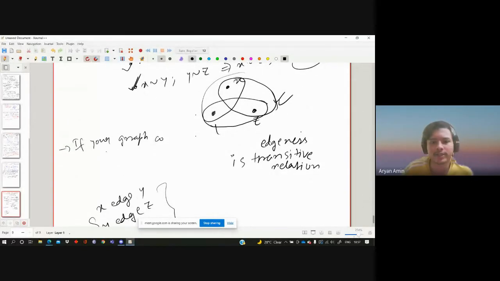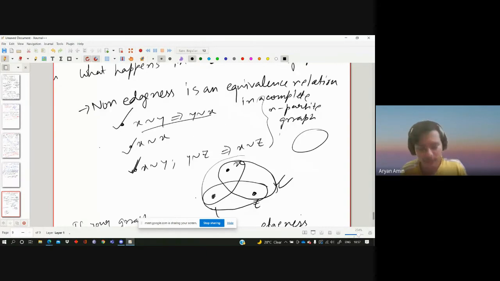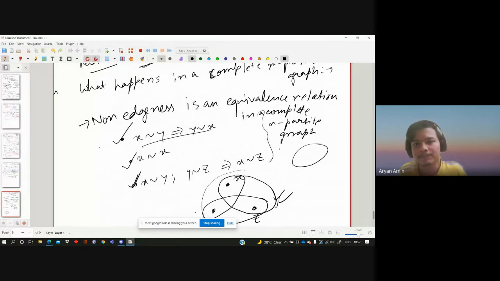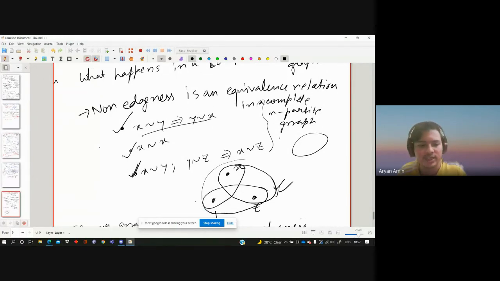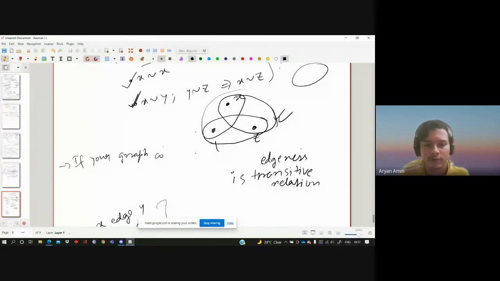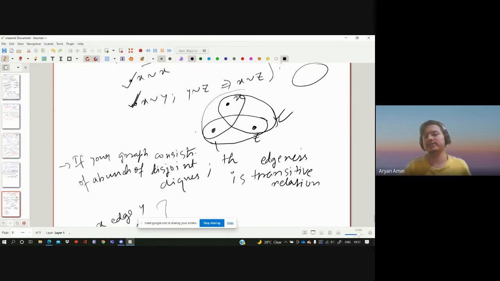Okay, so what I was trying to say is that we found that if our graph is tripartite complete, then for the graph non-edgeness is an equivalence relation. Another thing is, if your graph consists of a bunch of disjoint cliques, then edgeness is transitive.